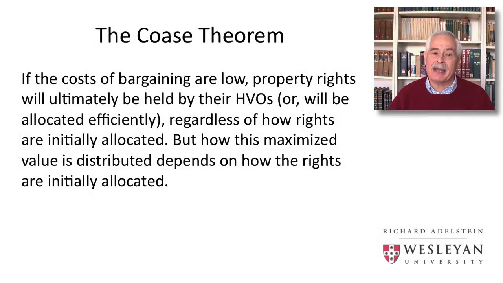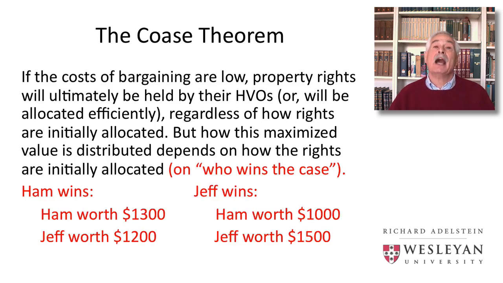But how this maximized value is distributed, as we've seen, depends on how the rights are initially allocated by the court, that is, on who wins the case that initially allocates the property right. As we've seen in our earlier example, if Hamilton wins the case, the $2,500 total value is divided up with Hamilton getting $1,300, Jefferson getting $1,200.